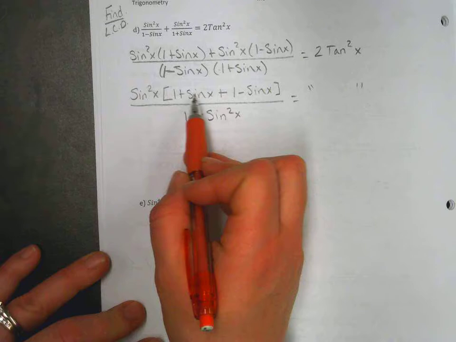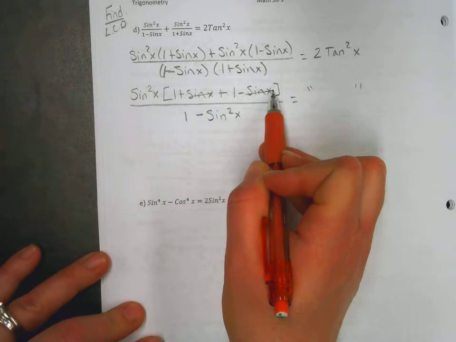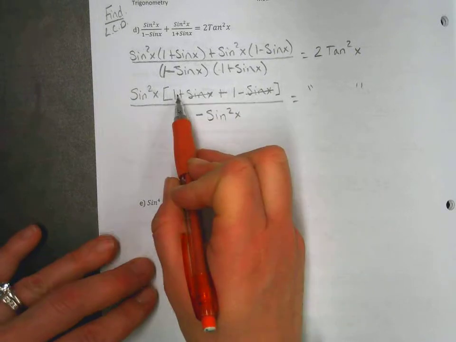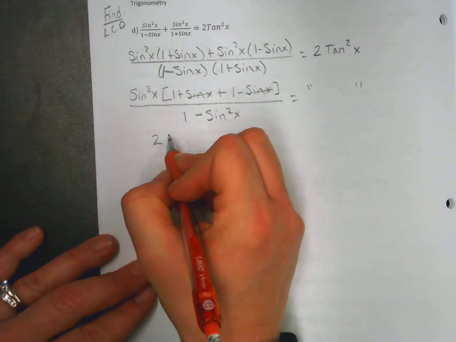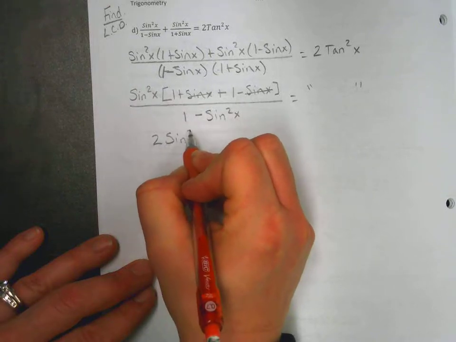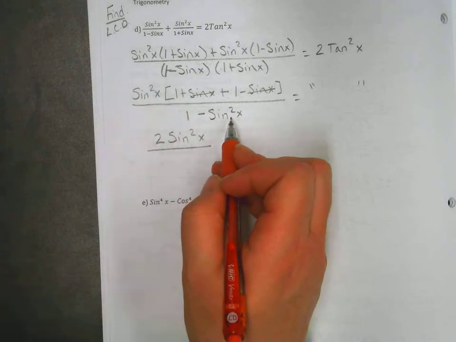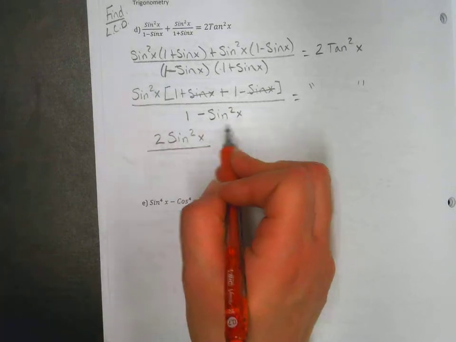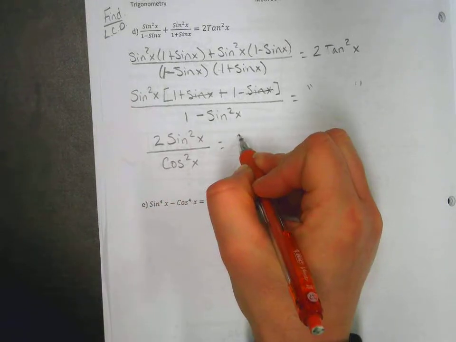All right, so look what's happening here. These are going to cancel inside my brackets. Those sine of x's end up going. 1 plus 1, I'm just left with a 2. So I'm technically left with 2 sine squared x in my numerator. In my denominator, 1 minus sine squared x, this is our Pythagoras identity again, is equivalent to cos squared x.